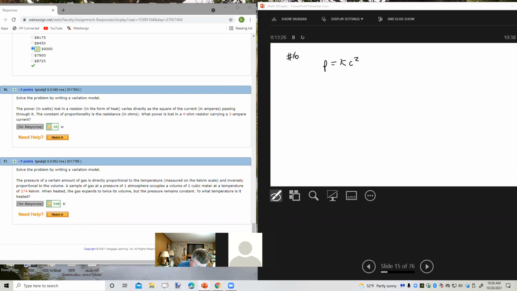So what we get is P equals 4 times 3 squared, which is 4 times 9, which is 36 watts. Yeah, that threw me a curveball because I wasn't expecting them to give us the variation constant. So you got to really pay attention to the units.